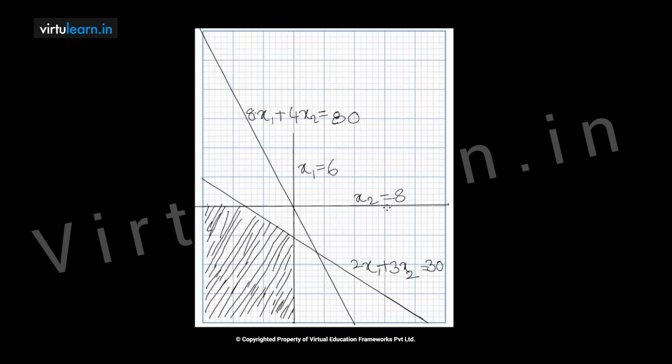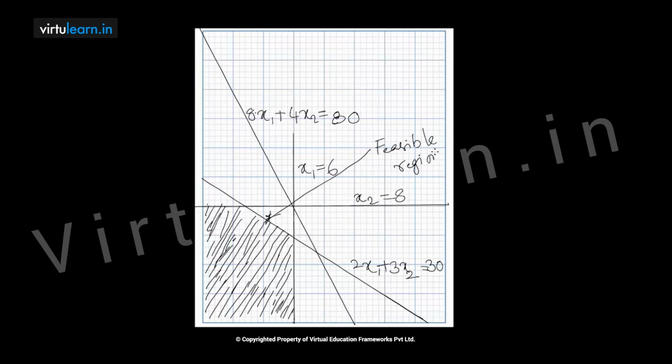So this hatched region is known as the feasible region. I'll write it down here: feasible region.